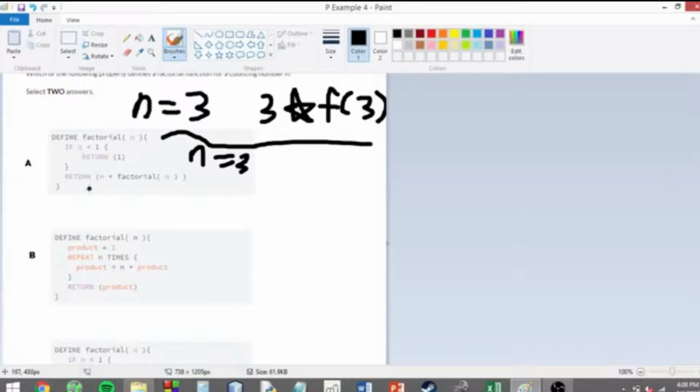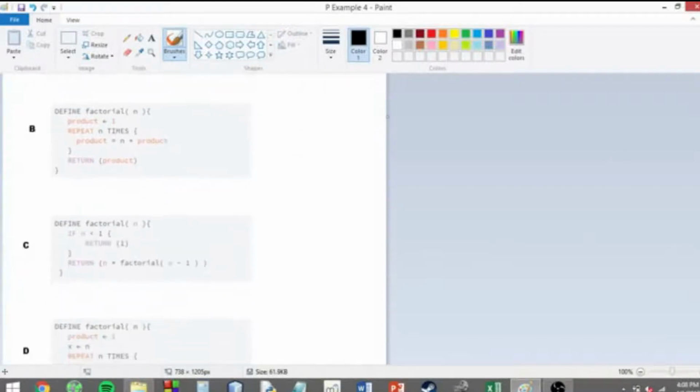It's not less than 1, so we're going to return 3 times the function call of n. And you can already see the issue here, because we're just going to keep doing that forever. As you might notice, doing the same thing forever and ever is not really the same as getting the result of 6. So we're going to move on from that.